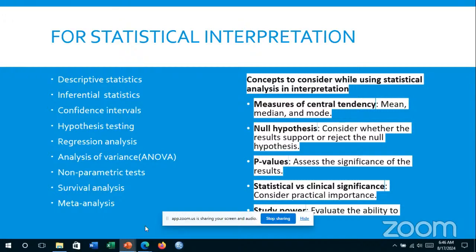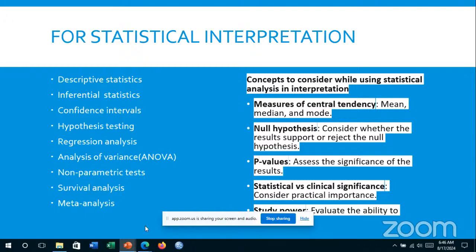Survival analysis, meta-analysis, analysis of variance. Those are statistical terms that we use, statistical inferences or tests that we conduct when we use outcome measures. And I don't think we need to go into details of all these hypotheses, p-values, you're familiar with that, statistical significance.